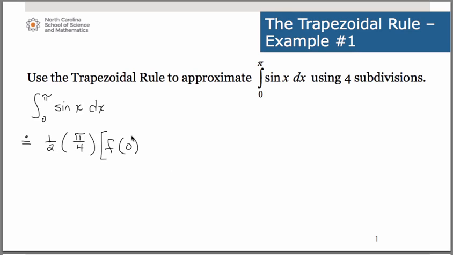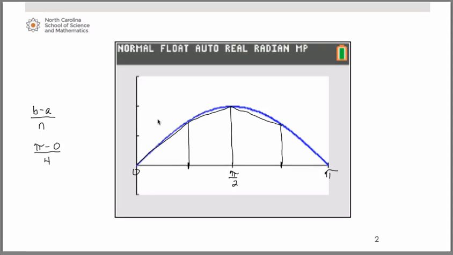Remember how that first trapezoid has morphed into a triangle. So here is 0, so the height of that first base is 0. The other base of the first trapezoid is given by the function value at pi over 4.